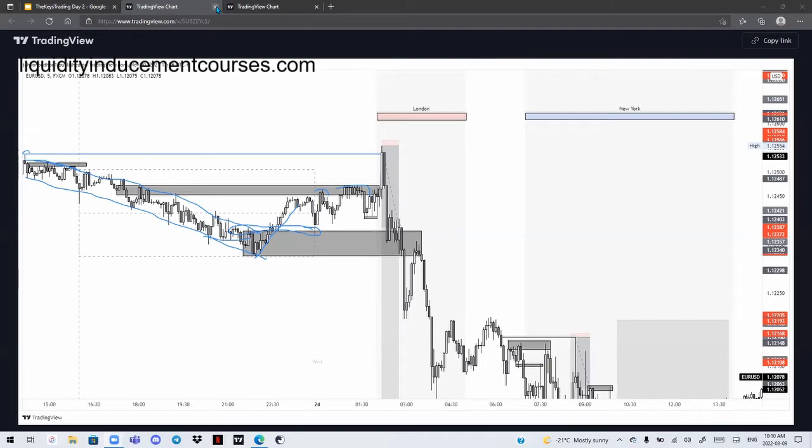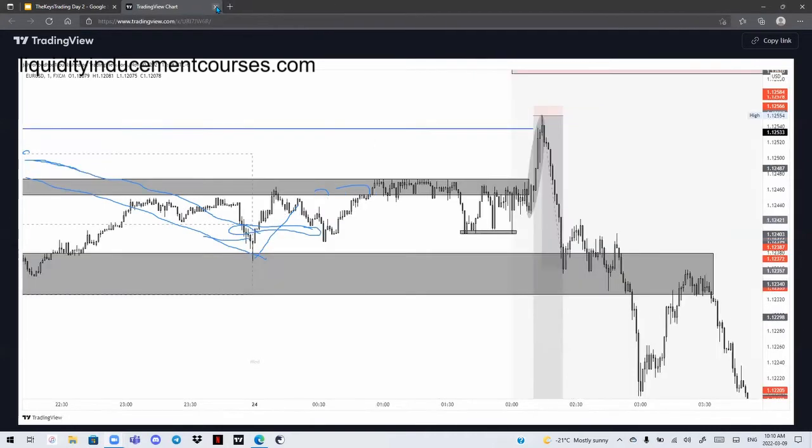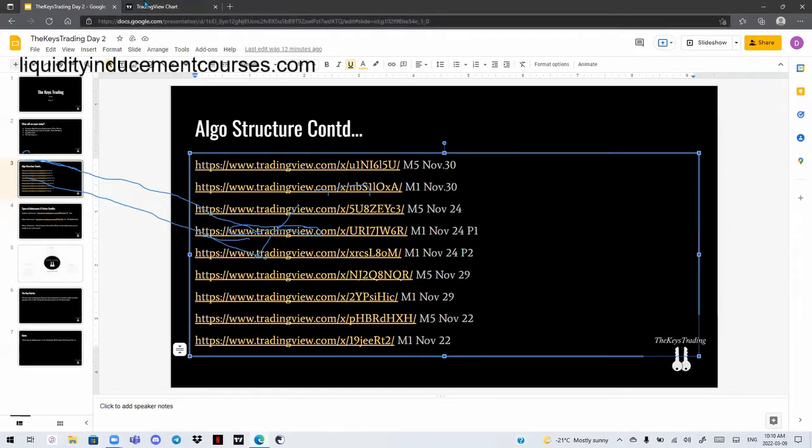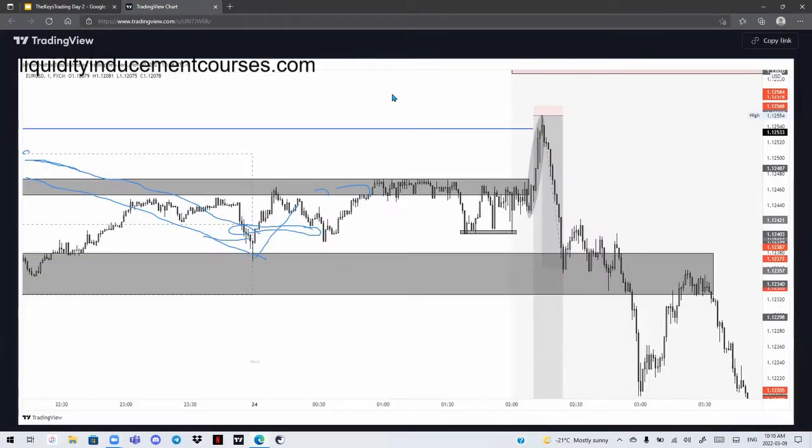So I'll go on the 1 minute to show it to you. On the 1 minute, you can see the support and resistance area here.